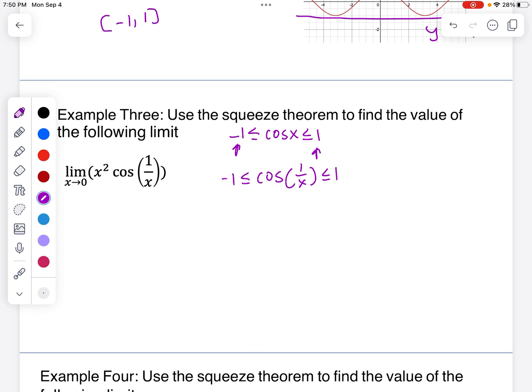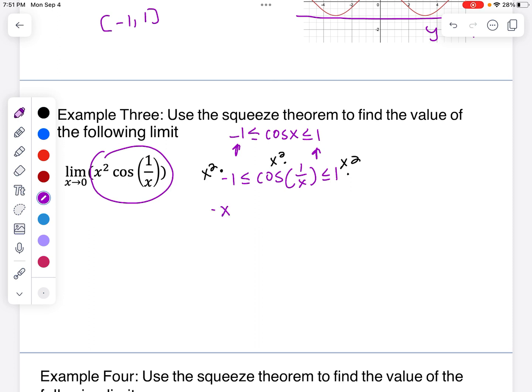We're going to do some weird multiplication here, but it's going to work. This doesn't help us find the limit yet because there's an x squared. But using my properties of solving equations, I multiply everything by x squared. As long as I do it on all three sides, it won't change the value of anything.